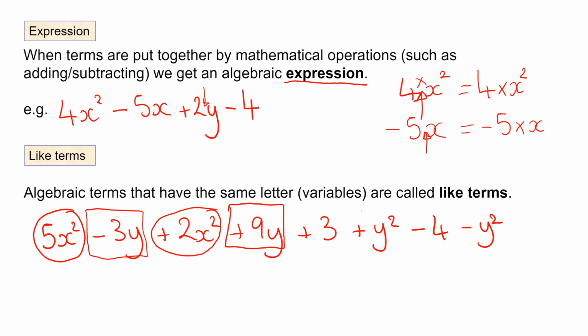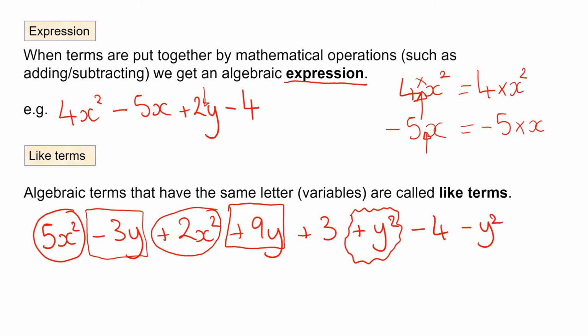However, when we look at y squared, it does have the letter y in it, but that squared makes it a different term to the y. I use different shapes when circling and trying to put like terms together. So I've put a circle around my 5x squared and my 2x squared. They are like terms. I put a little box around the minus 3y, and that's a like term with 9y.